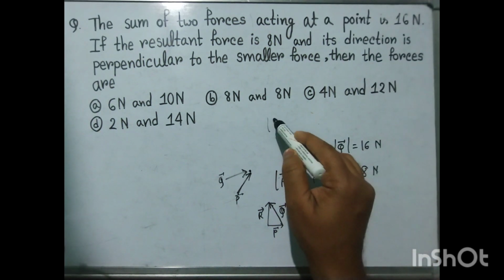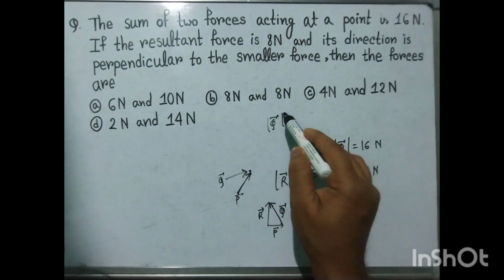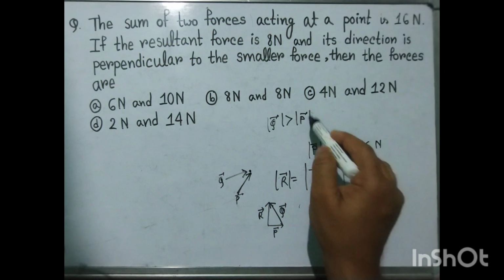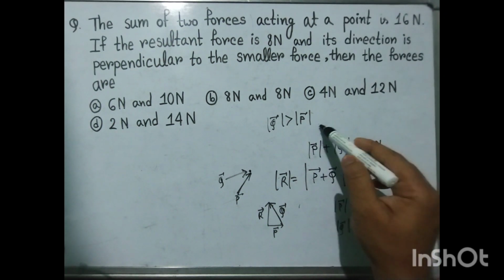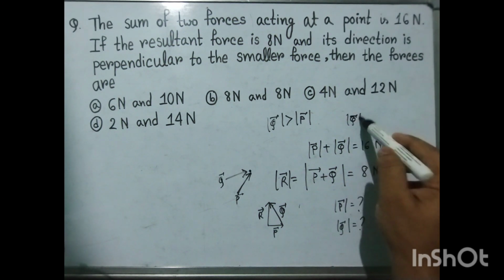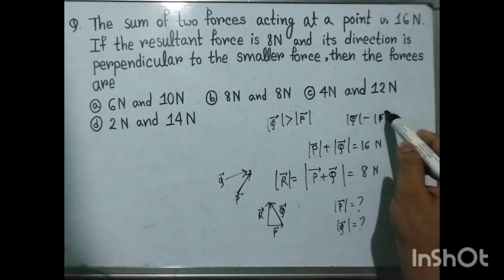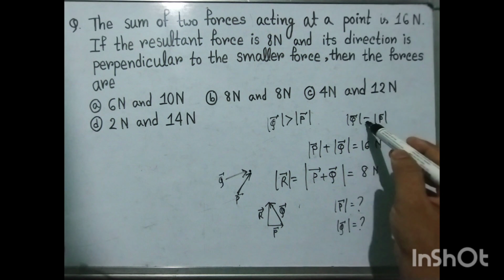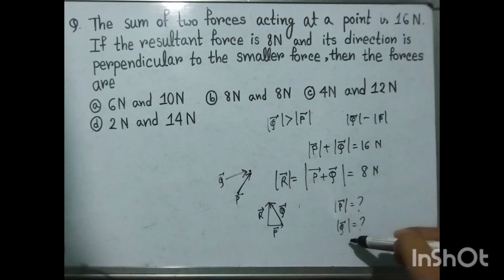Actually here we took mod q vector greater than mod p vector, so we have to find mod q vector minus mod p vector. If we can find this, then from these two we can find mod p vector and mod q vector separately.